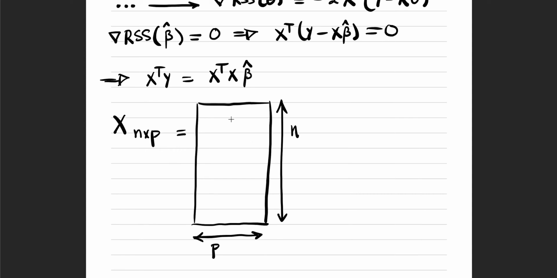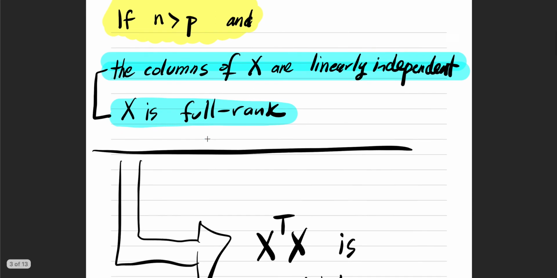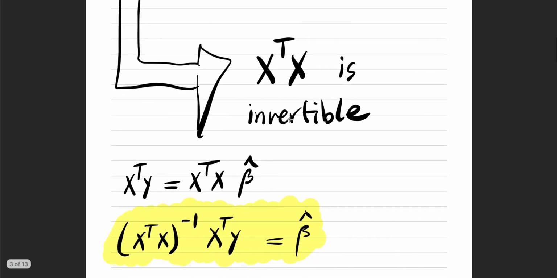Now, if X is a tall matrix, meaning that it has more rows than columns, and if the columns of X are linearly independent, which in other words means that X is full rank, then, as we discussed before, X transpose X is invertible.